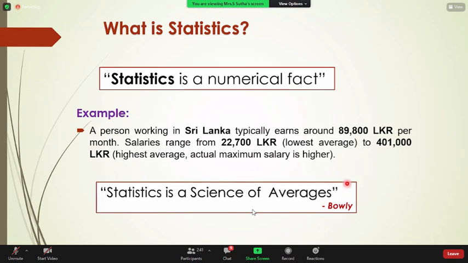By looking at all those averages, we can describe the pattern of Sri Lankan salaries clearly. So that's why this definition of statistics is a science of averages, right?